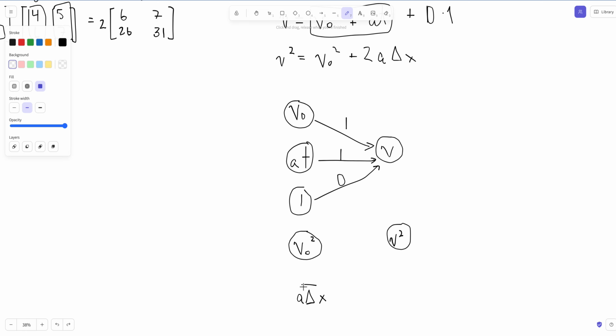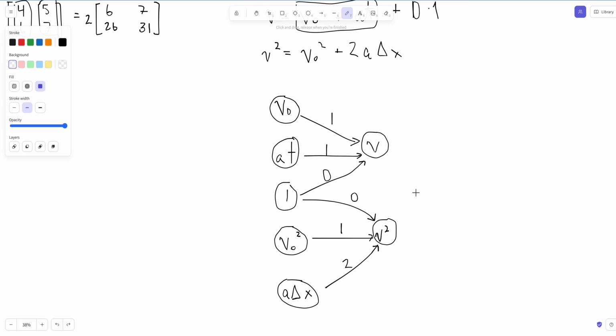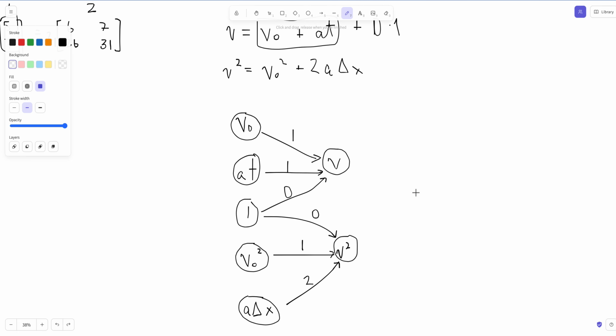Whoa, what's going on there? Let's fix that. So this would be multiplied by 2, and that would contribute here. And this is times 1. And just like in the other equation, our bias here would be 0.